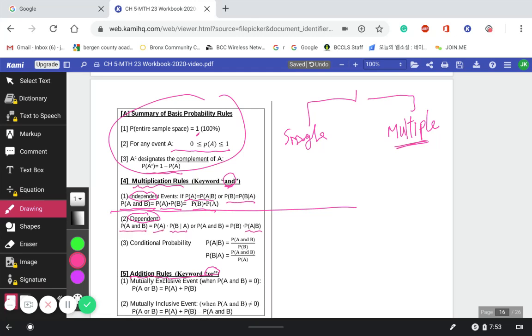Also in conditional probability, probability of A given B is always probability of A and B divided by probability of B. Notice that the denominator matches the second one. Probability of B given A is the same as probability of A and B divided by probability of A.